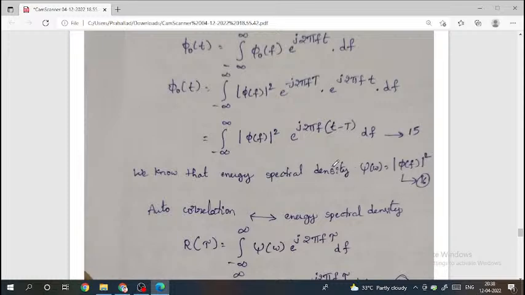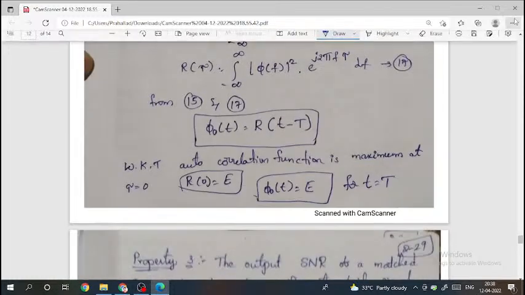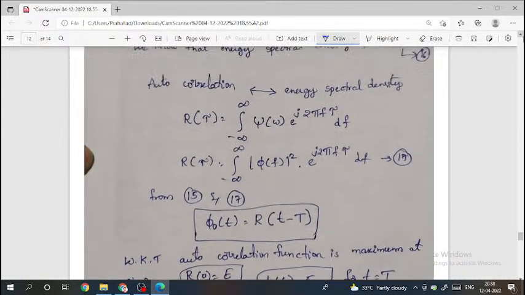Okay. The energy spectral density psi of w is equal to mod phi of f whole squared. Take this one as expression number 16. Autocorrelation is the inverse of the energy spectral density. Next, the autocorrelation function, you know very well, which is given as the integral from minus infinity to infinity of the energy spectral density into e power j 2 pi f tau into df.